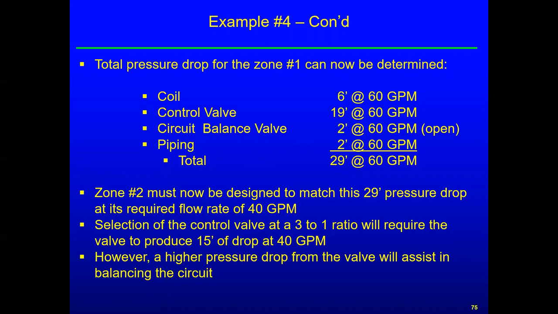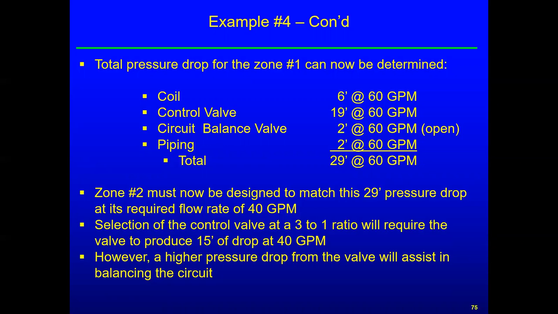Now he's going to calculate the total pressure drop for zone 1. Now that 6 feet was just a coil drop. That's a little different than the 2-way valve examples. But at any rate, that puts the control valve at 19.